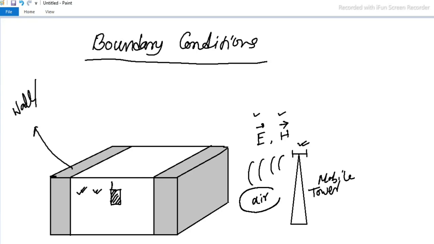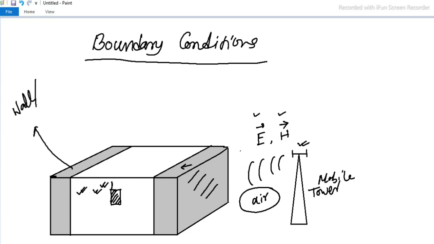And when it comes near your house, when it encounters this wall, then what will happen? It will penetrate inside the wall and then reach the mobile phone, right? So this electromagnetic wave which is coming has to penetrate this particular wall, and only then can it reach the mobile.